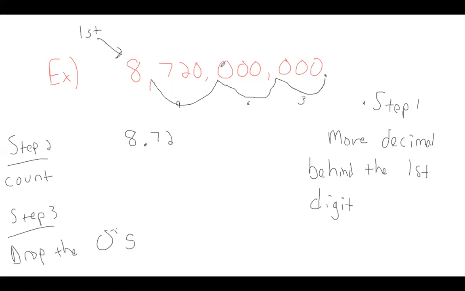Drop the zeros. We don't need those anymore. So I just wrote 8.72, right? This is my A. Remember? A times 10 to the B. It's always going to be times 10, and B is the number of spaces we moved.